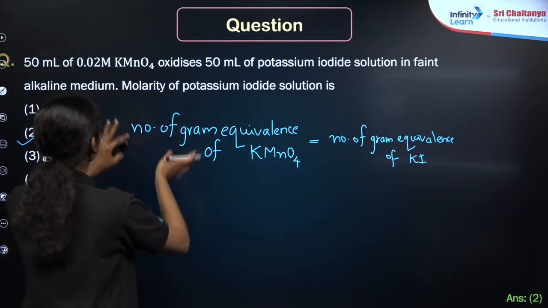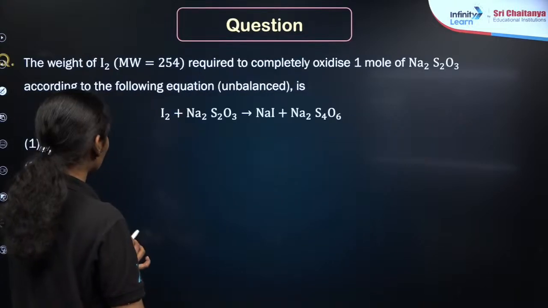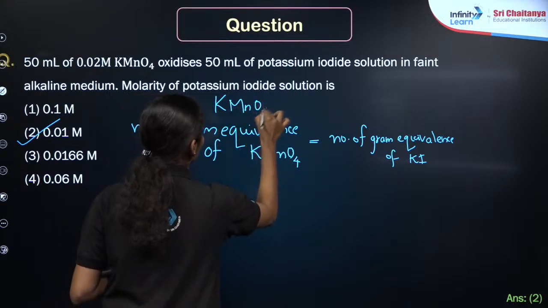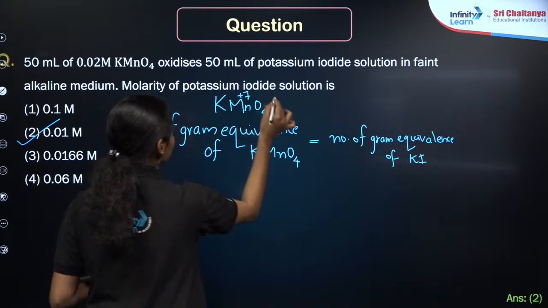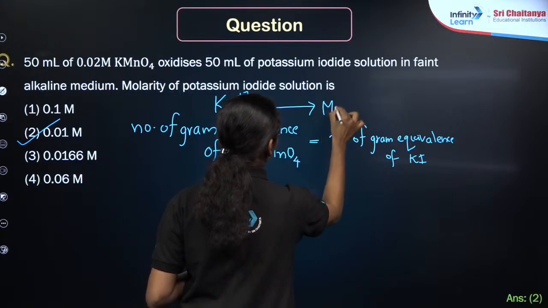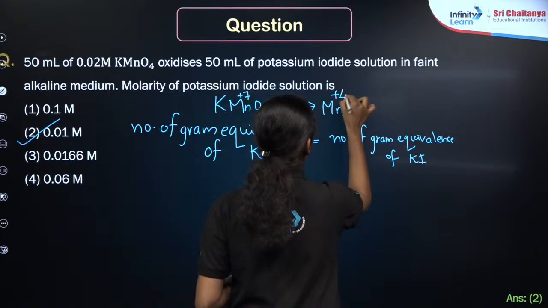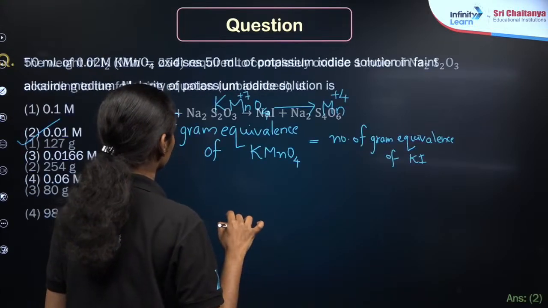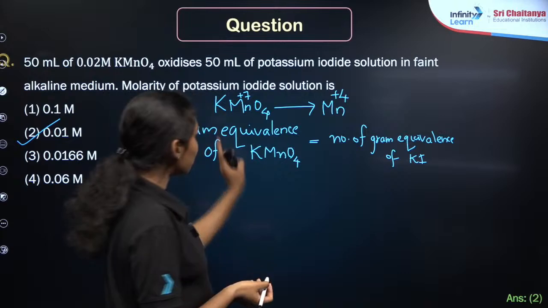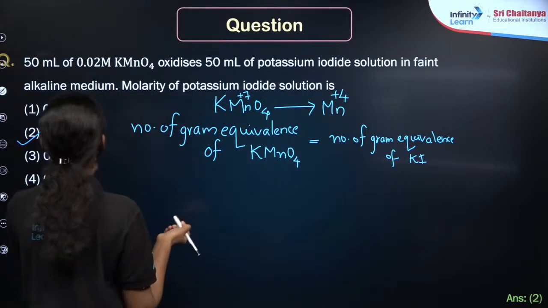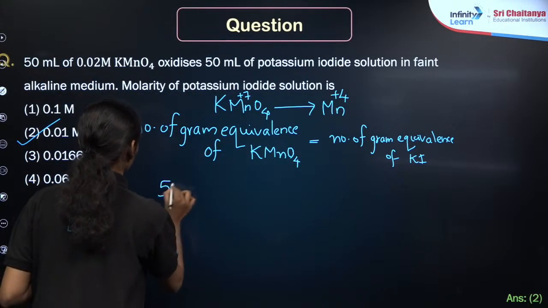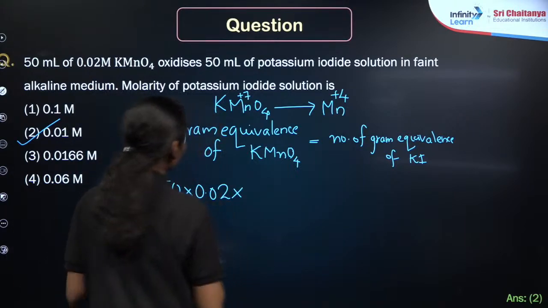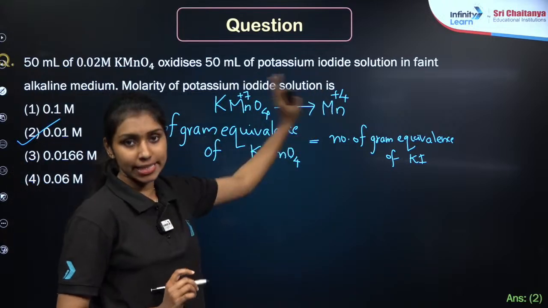What will happen in this reaction? In the case of alkaline medium, the oxidation state changes from +7 to +4, right? So we are taking first the volume, 50 into 0.02, that is the molarity. Then the n factor. What will be the n factor here? It is changing from 7 to 4, which means 3.